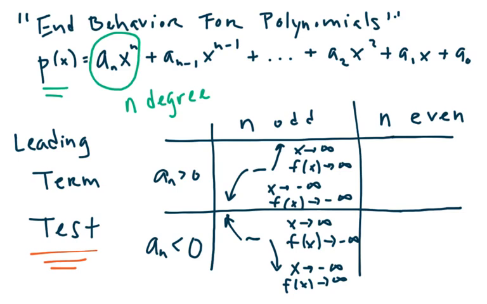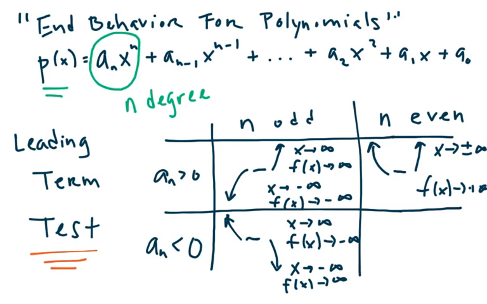Now if n is even and the leading coefficient is positive, the behavior looks something like an upward facing parabola at the ends. And so here we'd have as x goes to either plus or minus infinity, f of x is going to positive infinity.